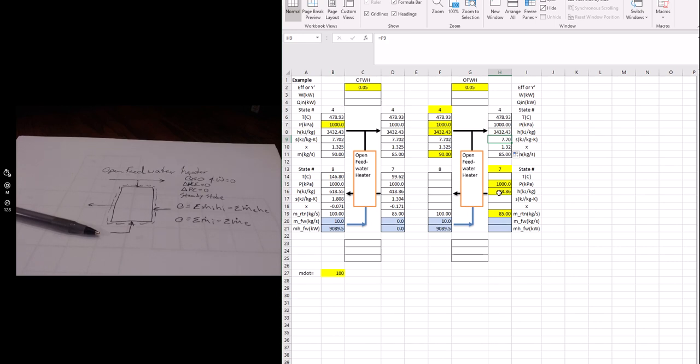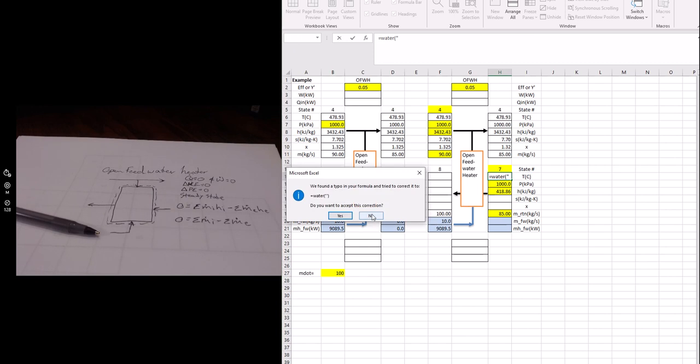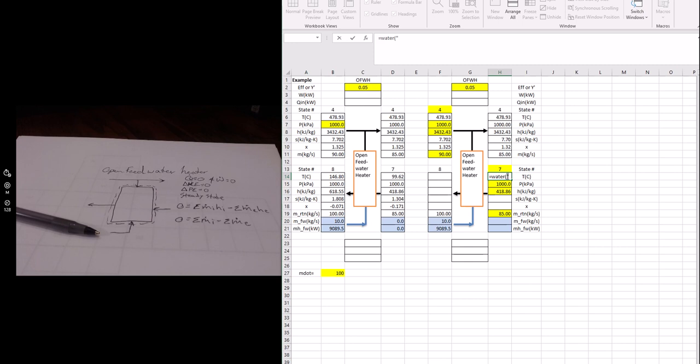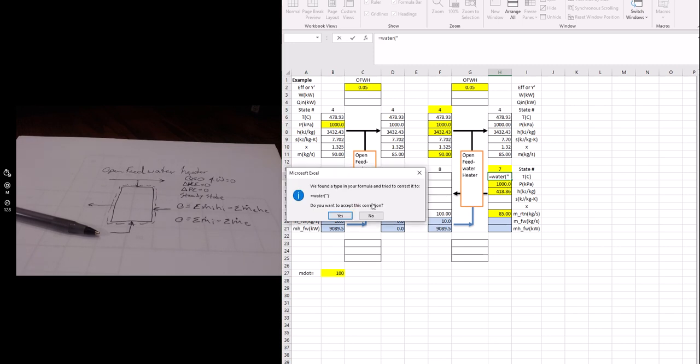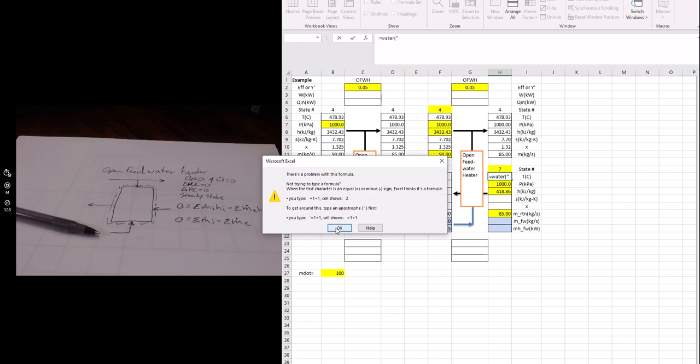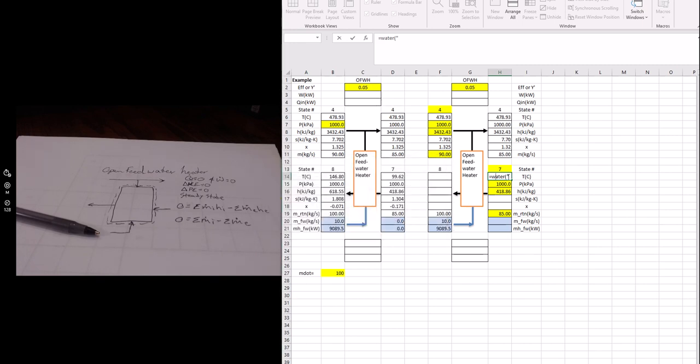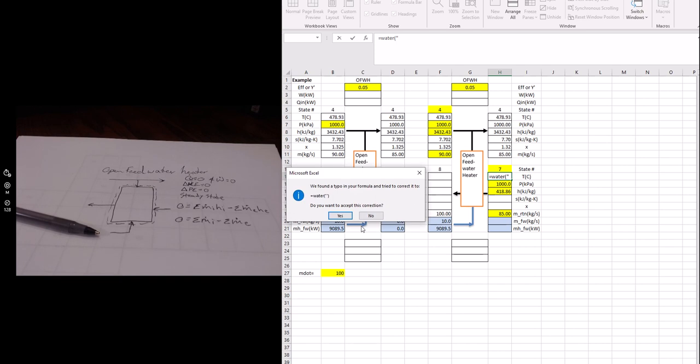All right, now we can come down here. So we're trying to find the temperature. We have pressure and enthalpy. So again, equals water. Specify. Okay. Equals water. Pressure. It doesn't like that. Let's see. Typo in the formula.